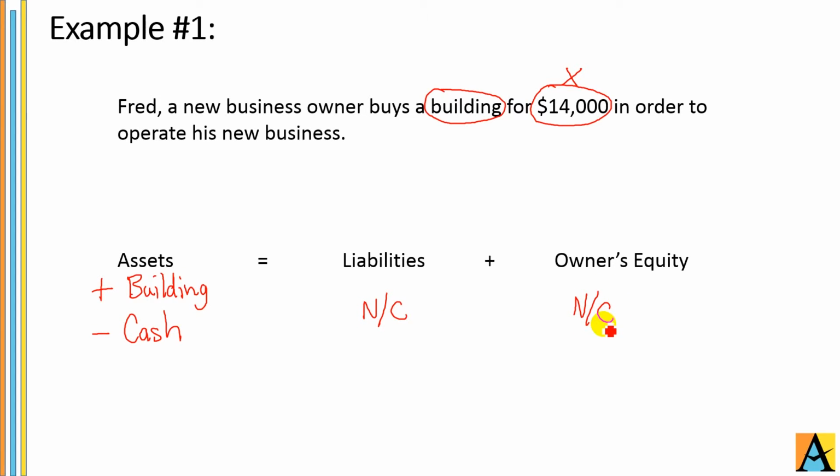And if we were to put in the amounts, we would know that if we paid cash for $14,000, then the building would now become worth $14,000 in our books. We'll get into more of that later, but the biggest thing is just to know how this affects the accounting equation, and that is that you had an asset increase, which is the building, and you had an asset decrease, which is the cash.